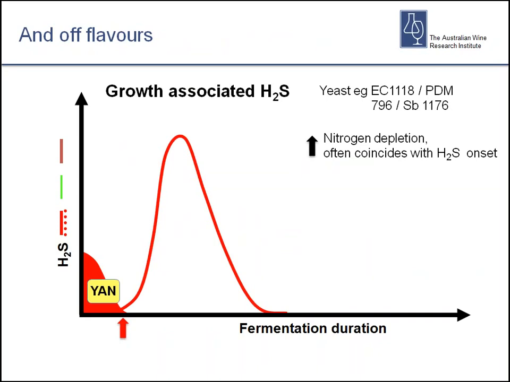It should be noted that not all yeast respond this way to DAP addition, but most classic yeasts, as you increase the amount of nitrogen available to them, push out the onset of H2S production, so H2S production doesn't start until later, and the total amount of H2S produced is less.